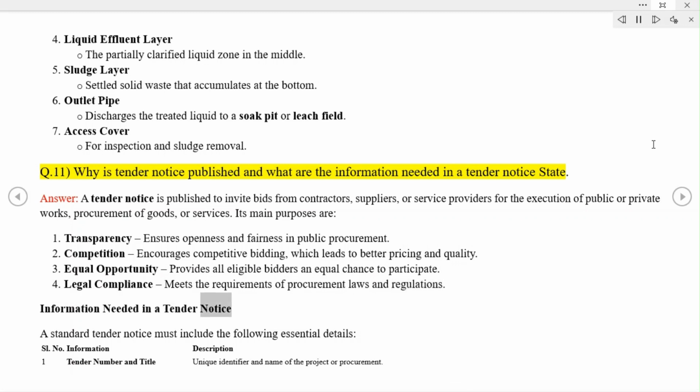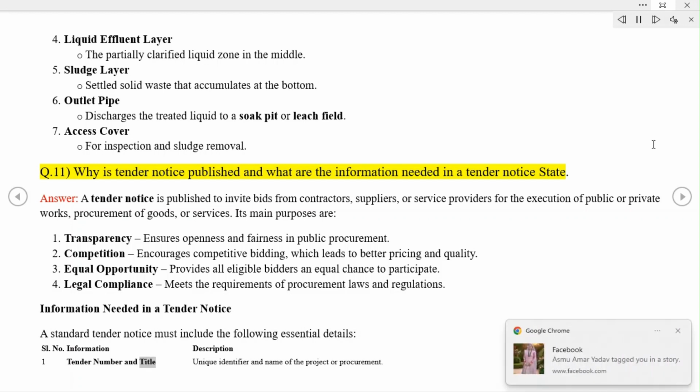Information needed in a tender notice. A standard tender notice must include the following essential details. SL No., Information, Description. 1. Tender number and title: unique identifier and name of the project or procurement. 2.